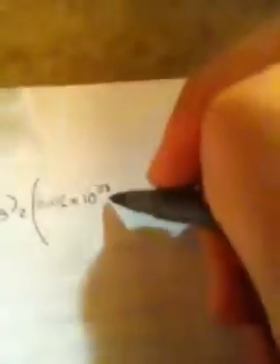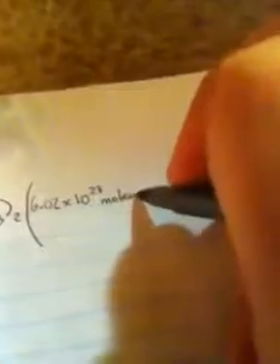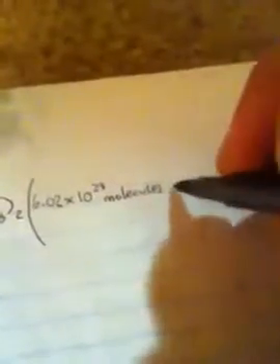So what we do know is that first we have to use Avogadro's number, which is 6.02 times 10 to the 23. So we know there's 6.02 times 10 to the 23 molecules inside this formula right there.